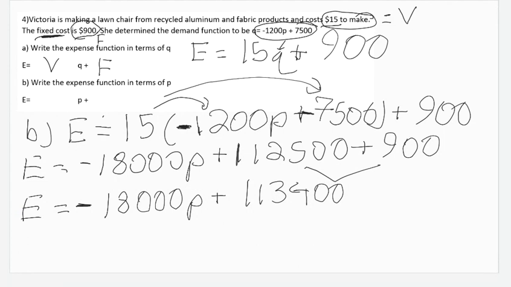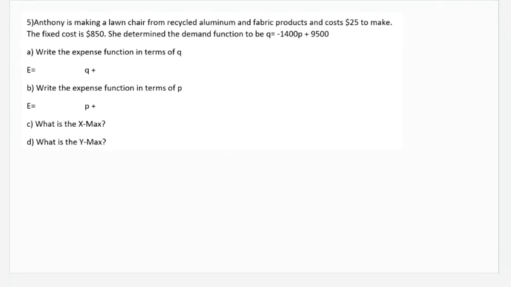Next one, so we're still going to write it in terms of Q. Okay, so it says Anthony is making a lawn chair from recycled aluminum. Cost $25 to make. Fixed cost is $850. She determines the demand function to be, so they give us the demand function. Notice, keep track of the negatives. So remember, it's going to be variable times the quantity plus the fixed.